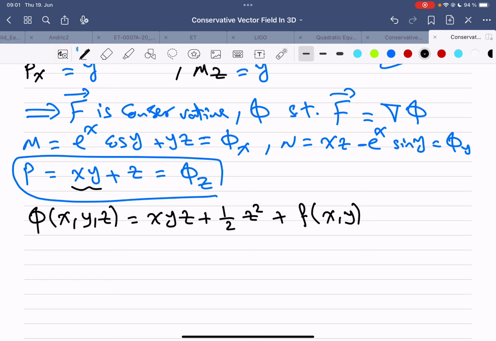Then we will calculate phi x: differentiate with respect to x, which will give you y z from the first term. This will give you 0, and this will give you the partial derivative of f with respect to x.